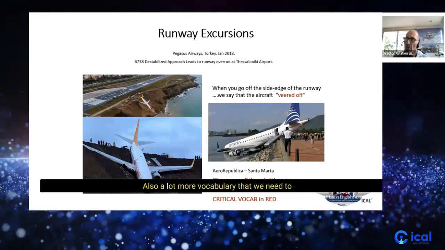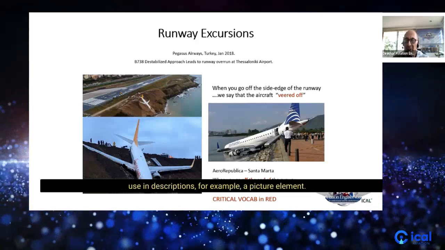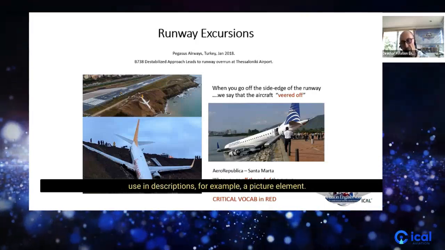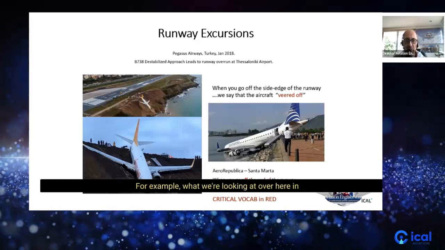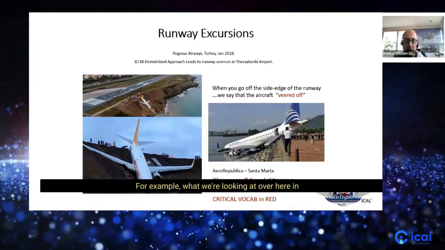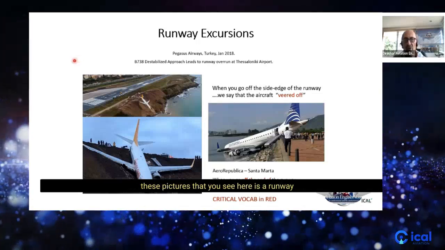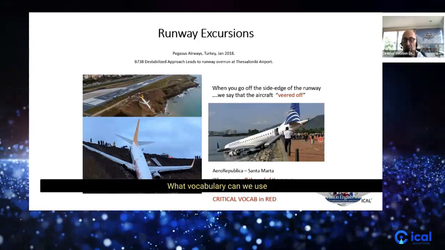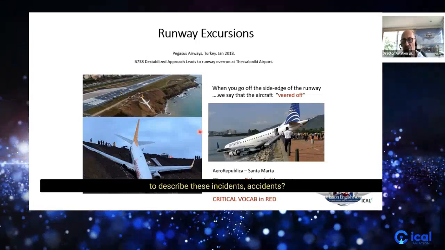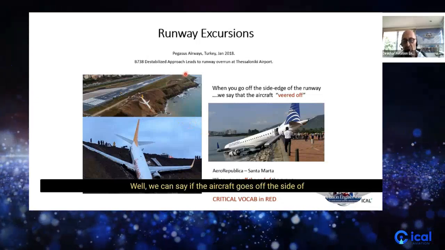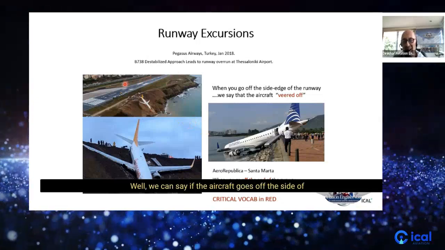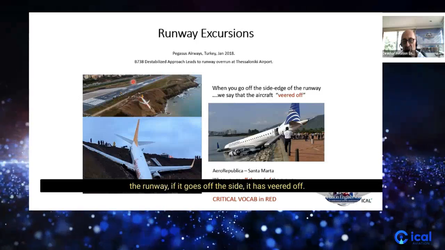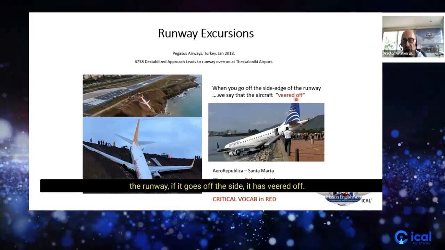Also, a lot more vocabulary that we need to use in description of, for example, a picture element. For example, what we're looking at over here in these pictures is a runway excursion on the left and on the right. What vocabulary can we use to describe these incidents, accidents? Well, if the aircraft goes off the side of the runway, it has veered off.